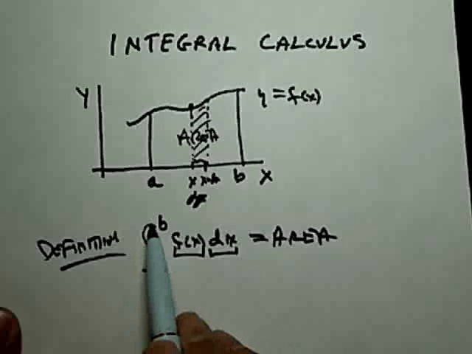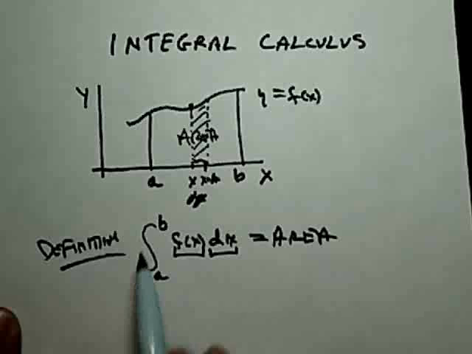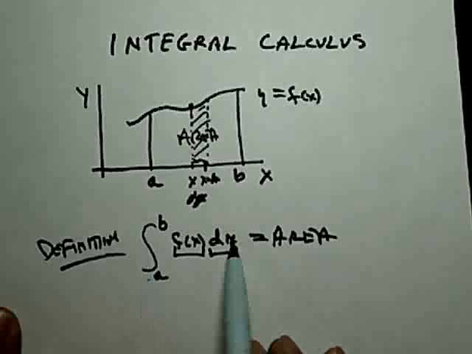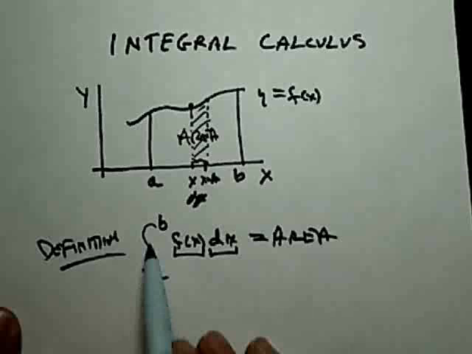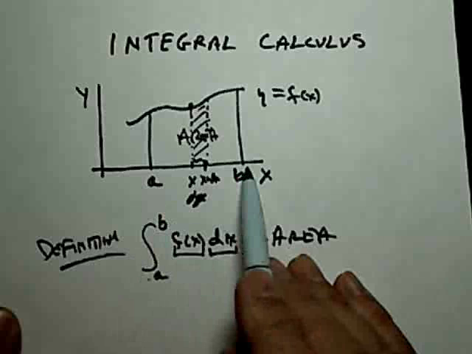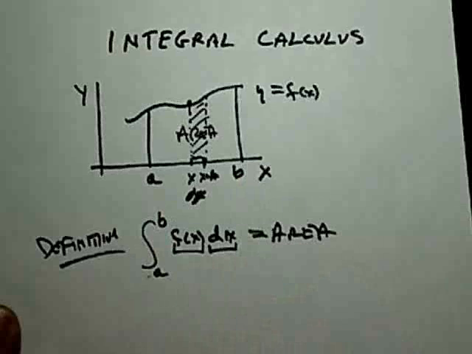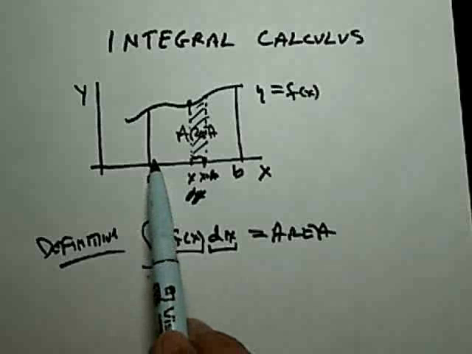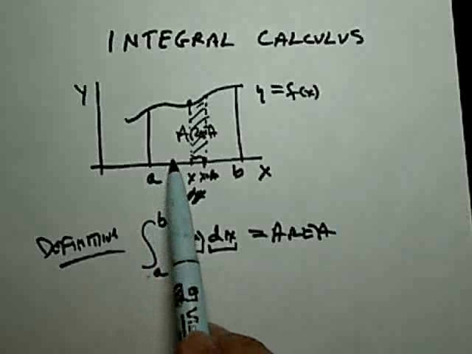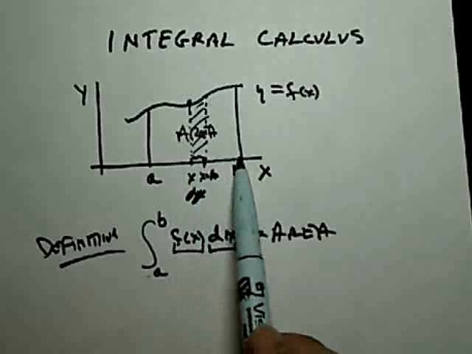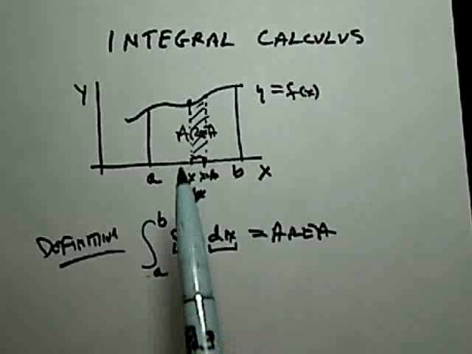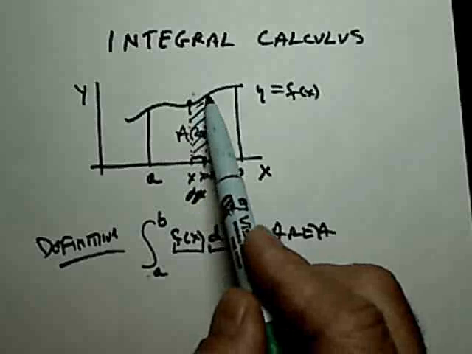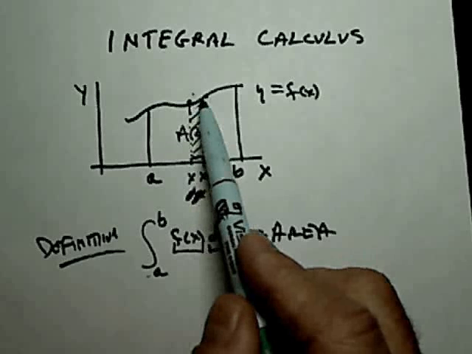This is the Greek letter for summation, sigma. So this is intended to indicate that you've taken all of these little rectangles and added them up, starting at a and going to b. Now, if you were actually dividing this into intervals and calculating the areas of little rectangles, you'd see there's a little bit of error up here for every one, because at the top, this isn't a completely straight line.